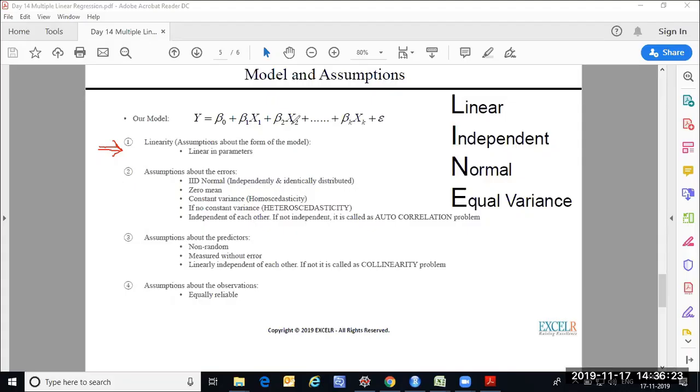Okay. And it's not just the parameters that need to maintain the linear relationship. Even your input variables, x1, x2, x3, and so on, even they have to maintain a linear relationship with the output variable y. How can you check the linearity? You need to plot. Which plot? Scatter plot gives the relationship, but the linearity?